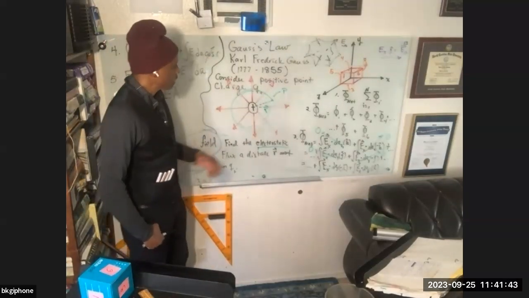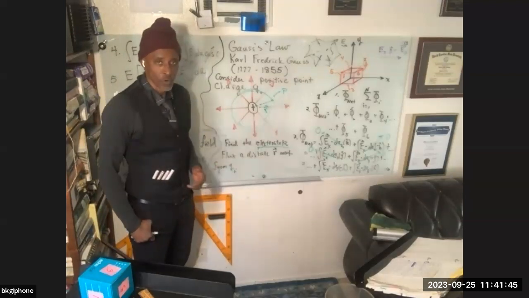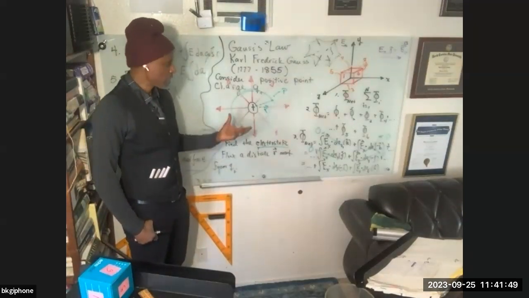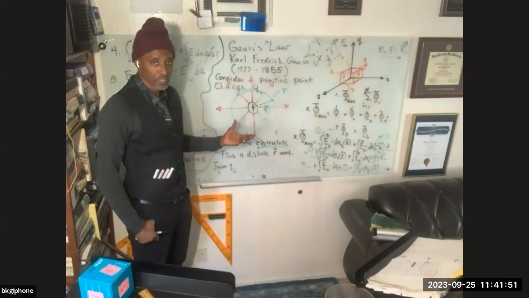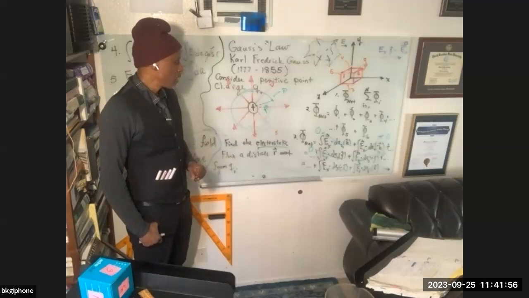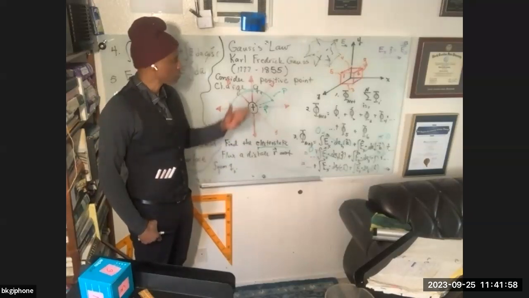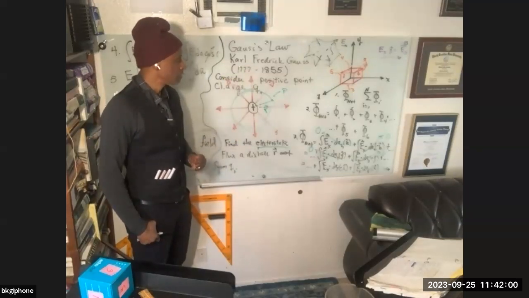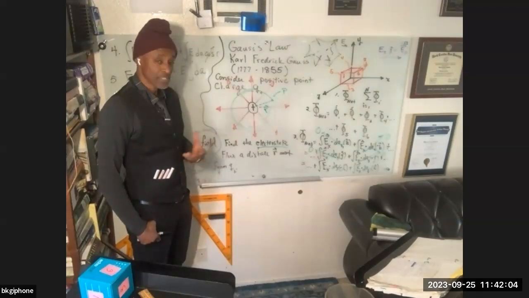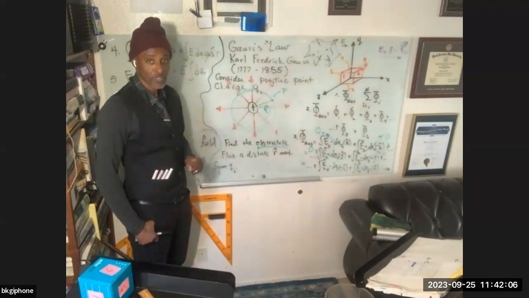Now, this sphere that I've drawn is a tool that we use to illustrate what I just said to you, and more that we'll show in a minute. But this has a name. It was created by Mr. Gauss, and we refer to it as a Gaussian surface.